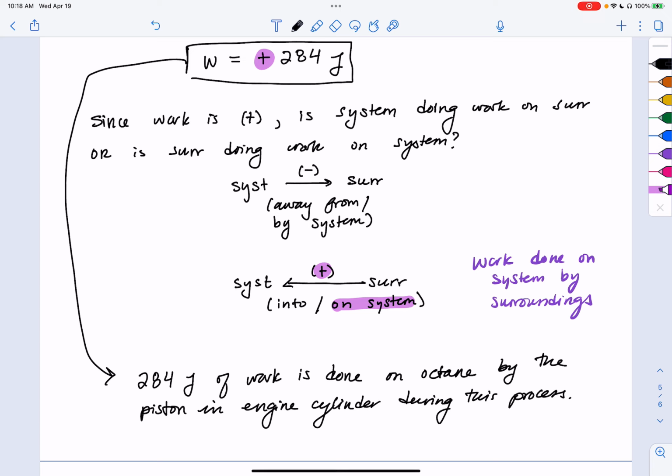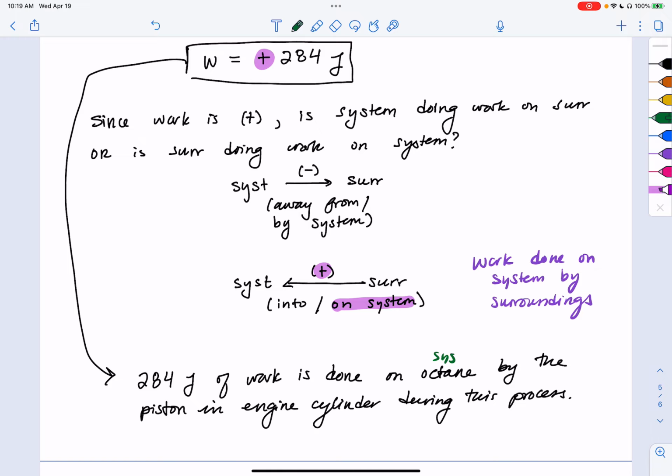Where the piston, the cylinder, and the engine that contains it, those are all the surroundings, and the octane itself is the system. So work is done on the octane, the system, by the surroundings.